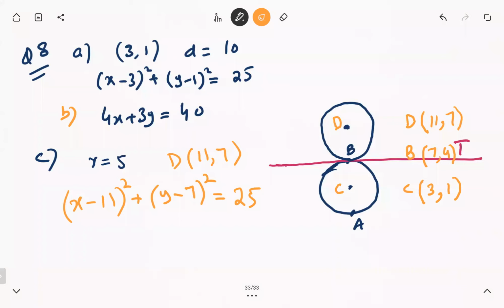That was question 8. Next is question 9. G, what are the queries in question 9?